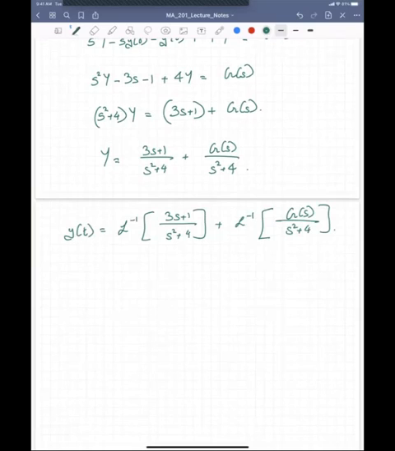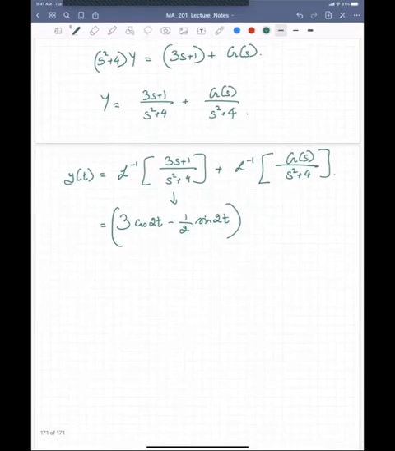Now, the first guy is rather straightforward. This is 3 times s over s squared plus 4, which is basically cosine 2t, and then minus 1/2 sine 2t. That is this guy. The second guy I will write as 1/2 L inverse of 2 over s squared plus 4 times capital G of s.